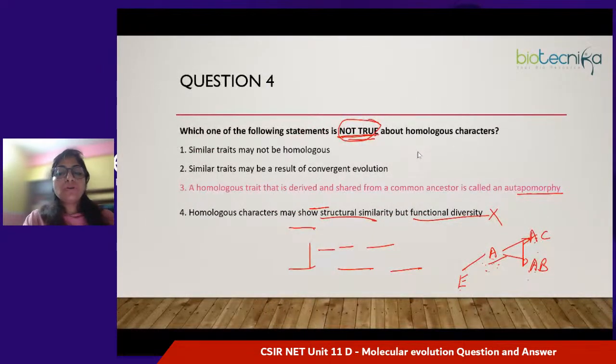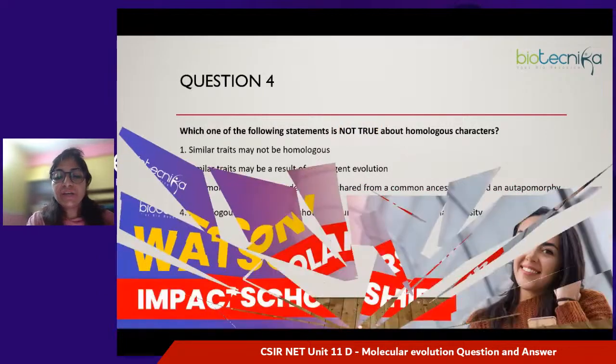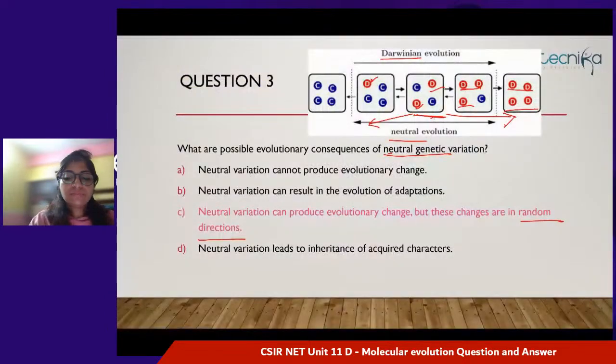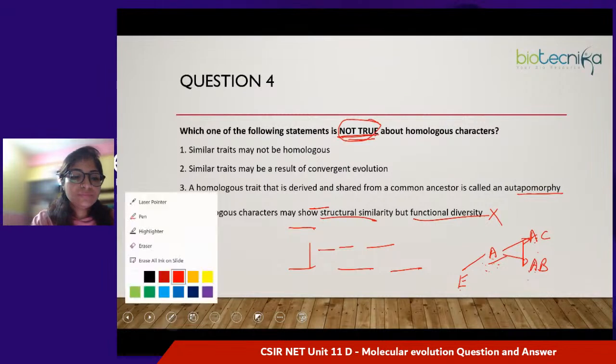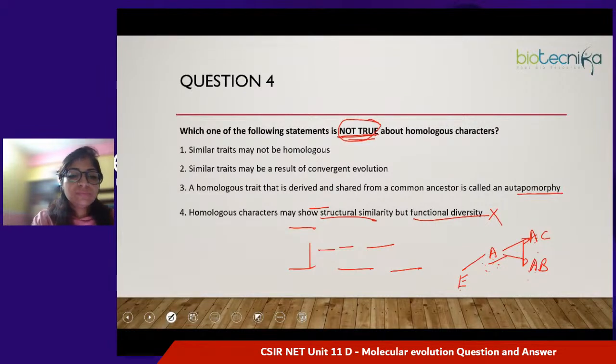Which is not true about homologous characters. Option C is saying that a homologous trait that is derived and shared from a common ancestor is called autapomorphy. But that is wrong, because aut here means uniquely derived character.